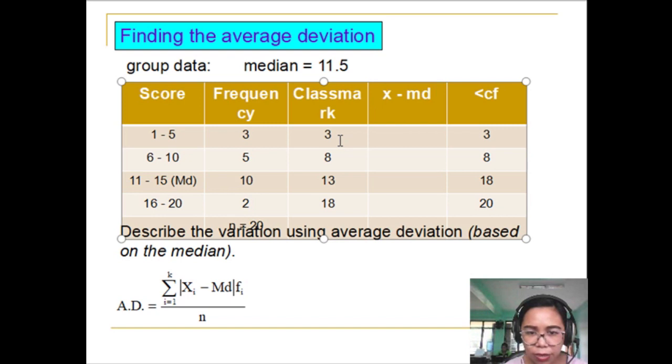Okay, so that is 3 minus 11.5, 8.5. Take note that this should be absolute value, meaning we do not expect a negative answer here for its difference. Then we have here 8 minus 11.5.